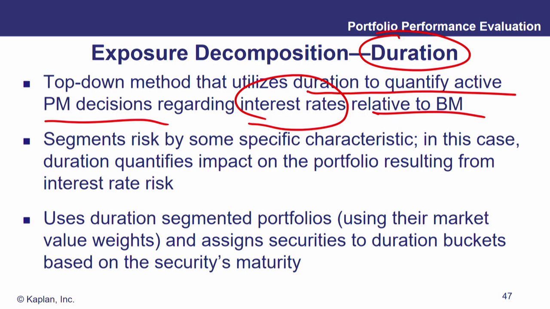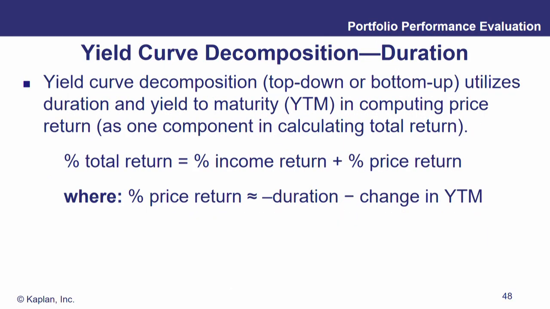That's why it's an exposure decomposition. So in this example, it's looking at portfolio results from interest rate risk, and it's going to use duration segmented portfolios, and it's going to assign these securities into duration buckets. And it's going to be based on the security's maturity.